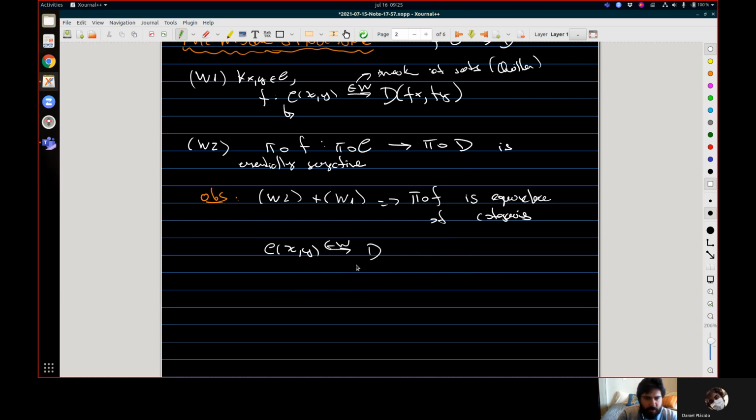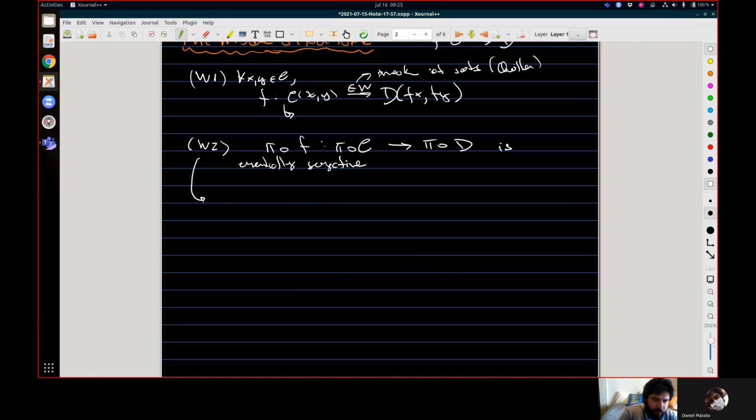And lastly, about this definition, I wanted to talk about this condition too, because this condition is the same as saying something like F is homotopically essentially surjective. So this makes sense because we are not thinking strictly.